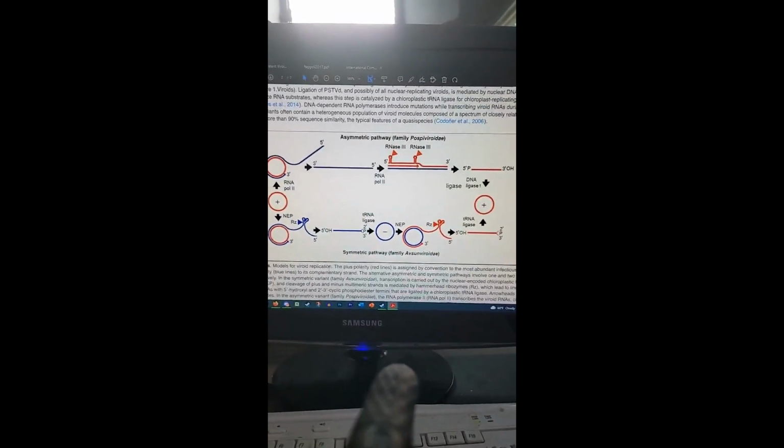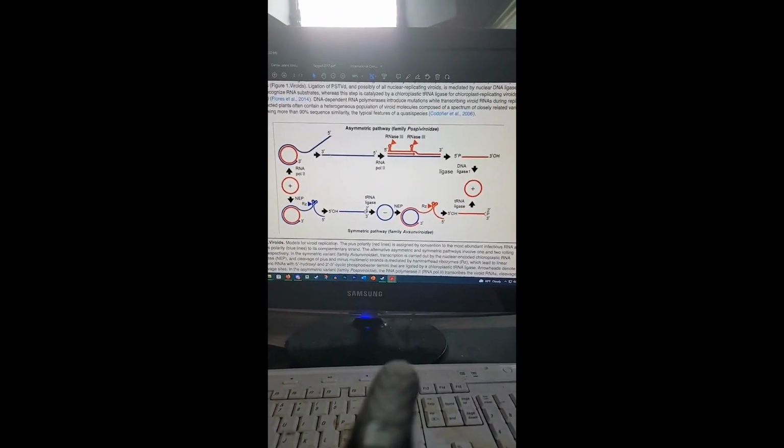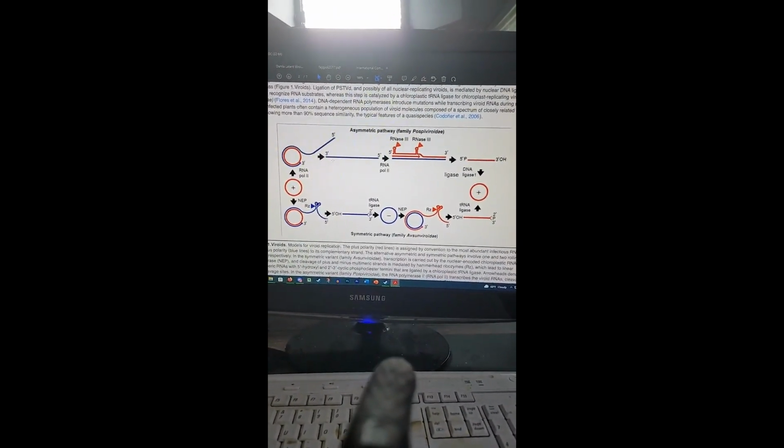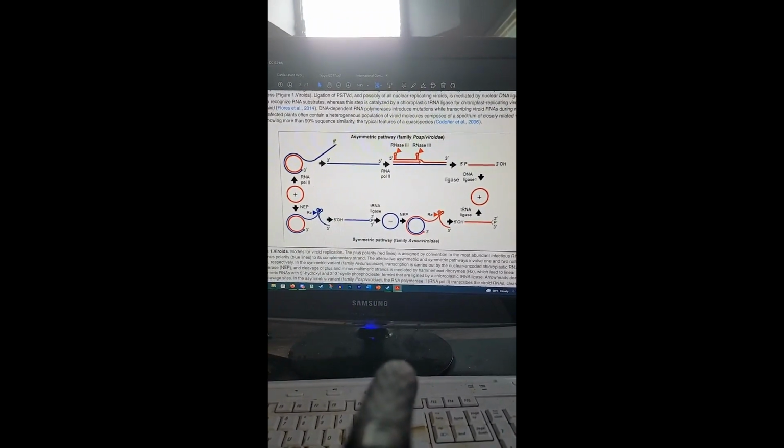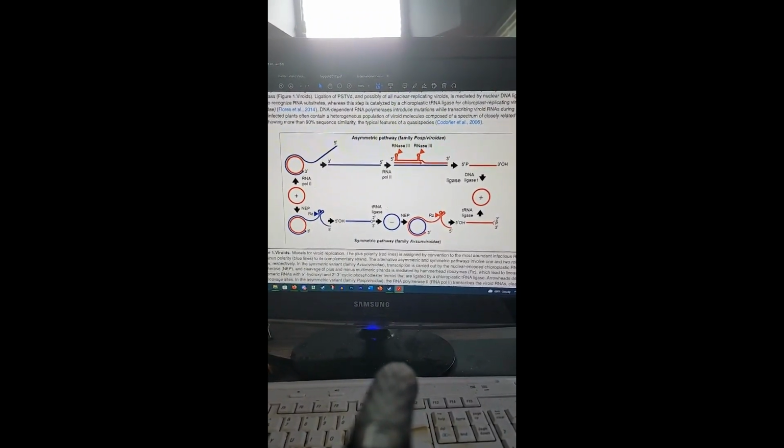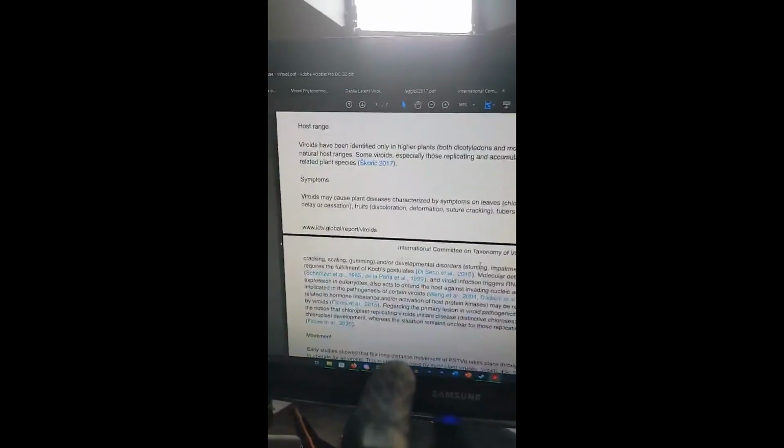Sorry about that. That ignorance is deafening, I'm sure, for people who are familiar. But yeah, so here are the asymmetric and the symmetric pathways represented in the text literature. Thank you for that. That's why you check the comments.